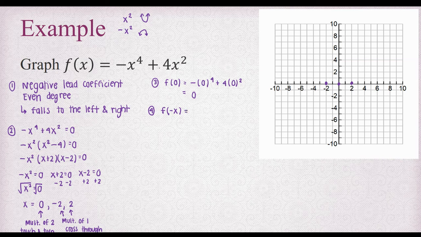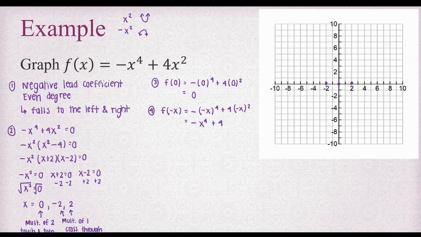So I'm going to have the negative, but then in parentheses, I want negative x to the fourth power plus 4 times negative x squared. The negative is still going to stay, but the negative x in parentheses, because it's being raised to an even exponent, turns positive. So it will just then be x to the fourth.